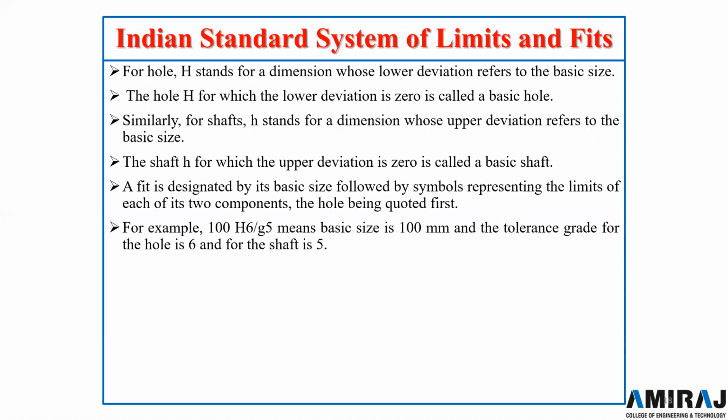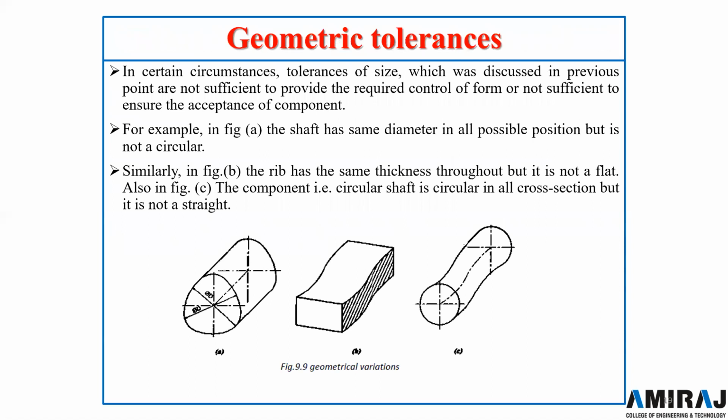Now, after this Indian standard system of limits and fits, we will move to the next topic, that is geometric tolerances. In certain circumstances, tolerances of size, which were discussed in the previous point, are not sufficient to provide the required control of form or to ensure the acceptance of a component.